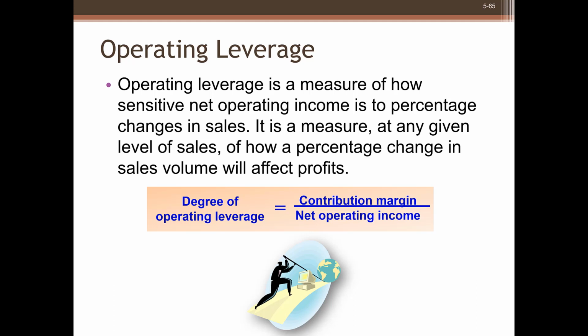It's a measure at any given level of sales of how a percentage change in sales volume will affect profits. This is the formula to calculate degree of operating leverage. We divide the contribution margin by net operating income.